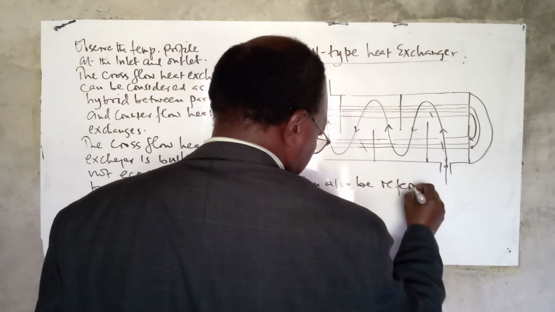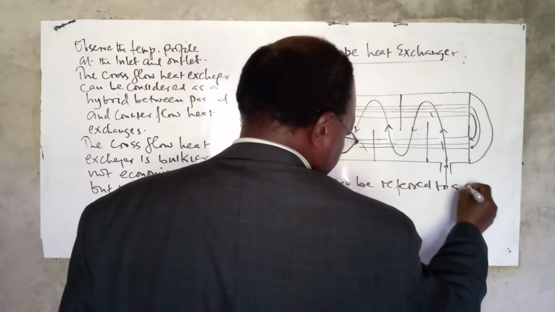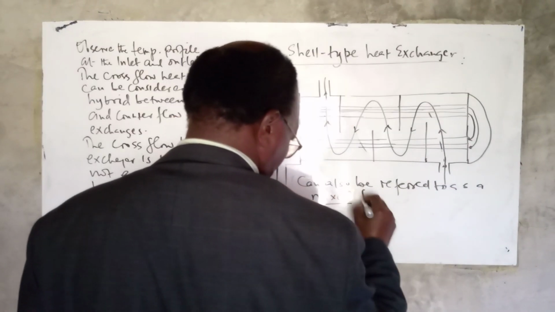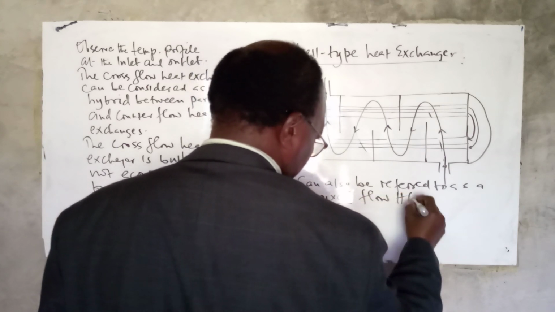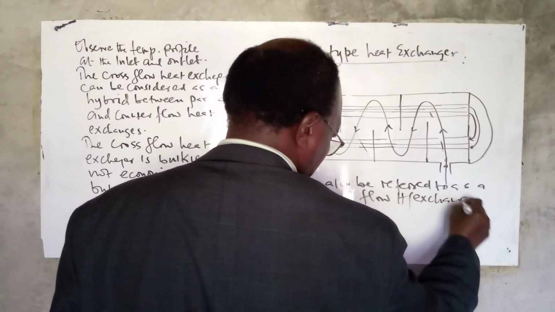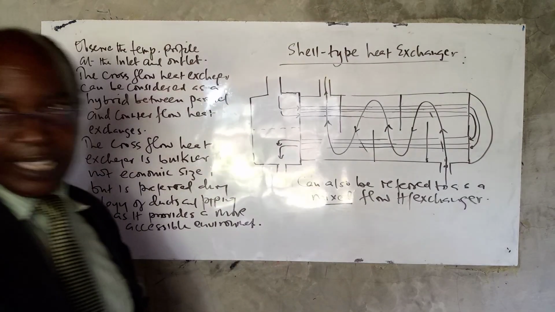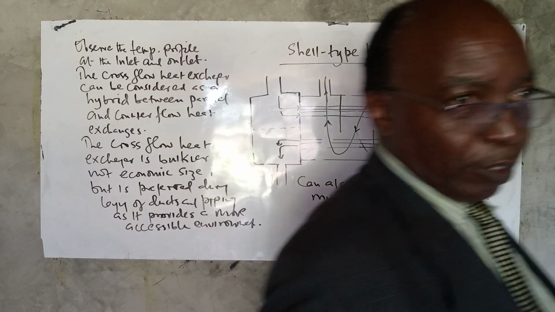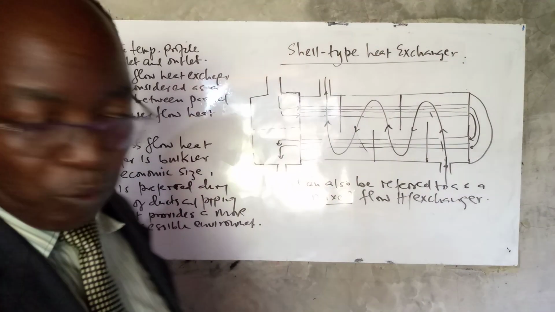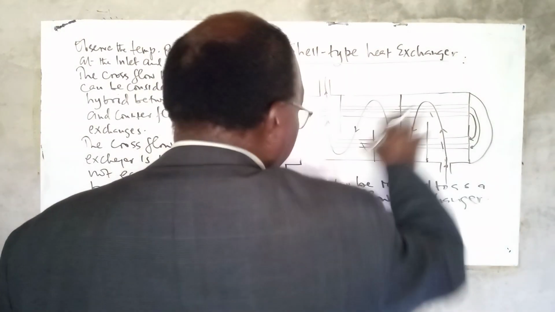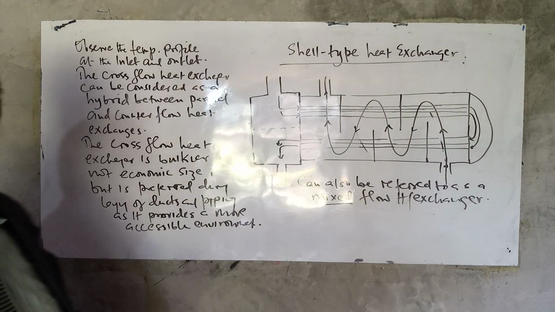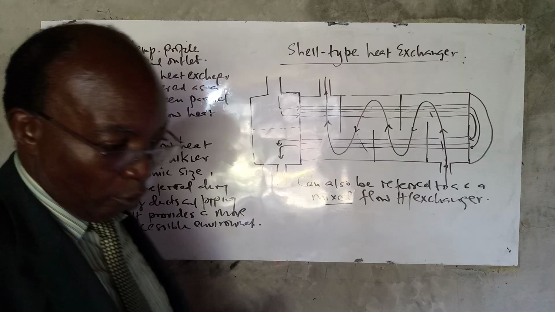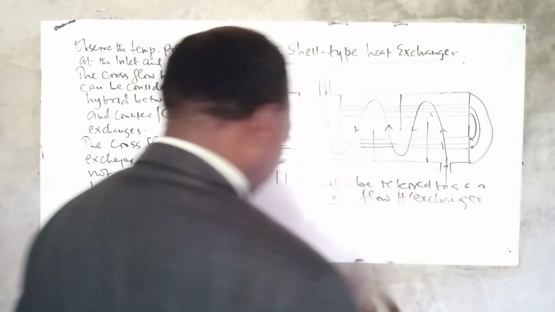You can see that it has parallel, cross and counter flow in one unit. They are all merged in this particular system. We have parallel flow, we have counter flow, and we have cross flow.